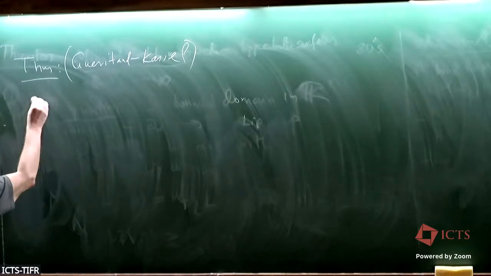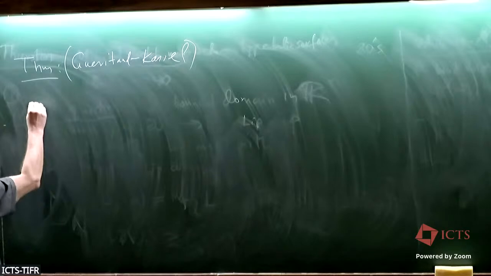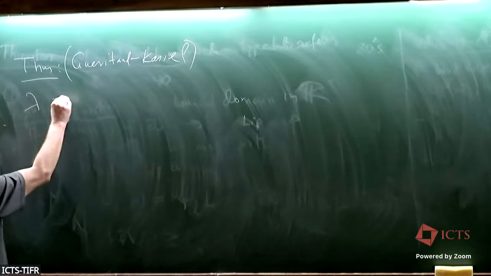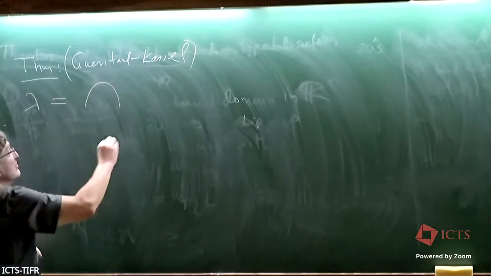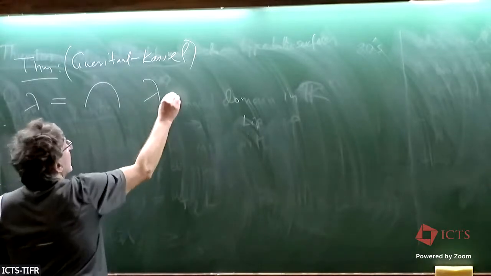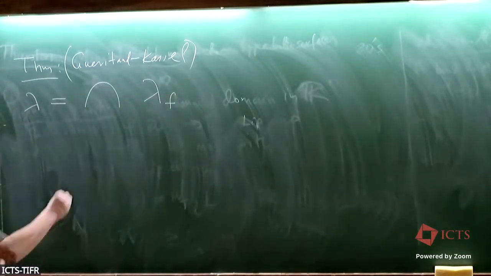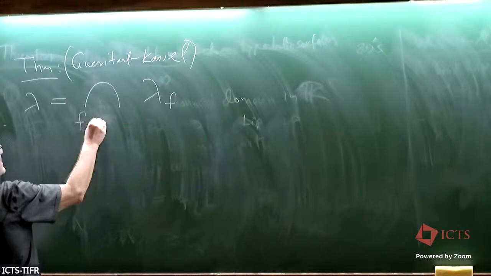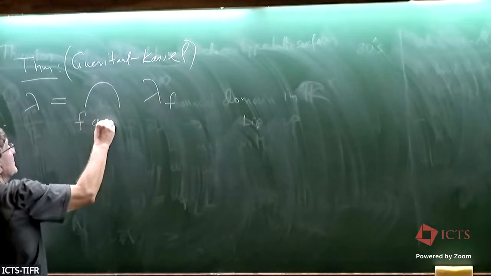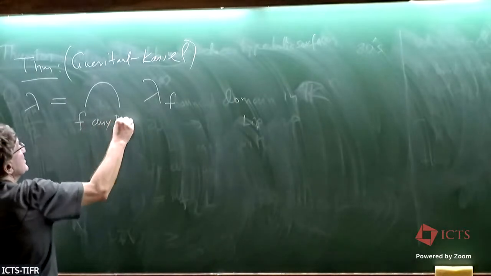It's a theorem that's proven by center of mass constructions. So you look at this in general: you take this lambda to be the intersection of lambda f, where f is any best Lipschitz map.